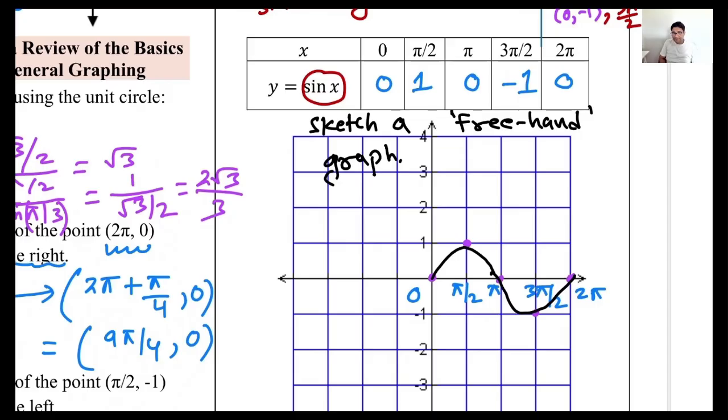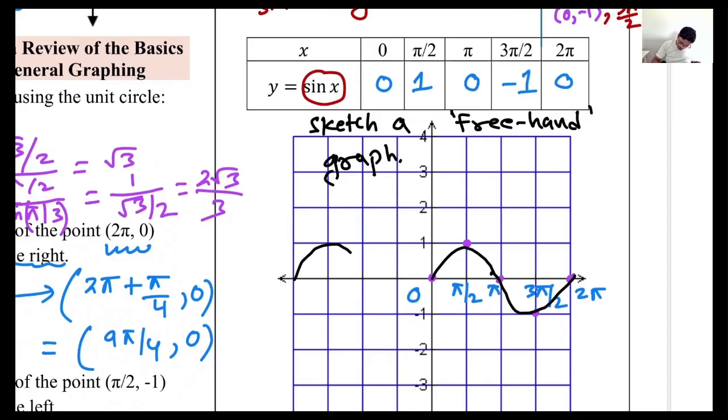Okay, and that, if you see, after that it repeats. Or if you go to the left, you will see that it actually repeats. Okay, so it will be something like, then it will be in the fourth quadrant.